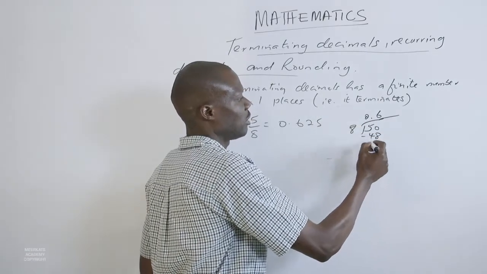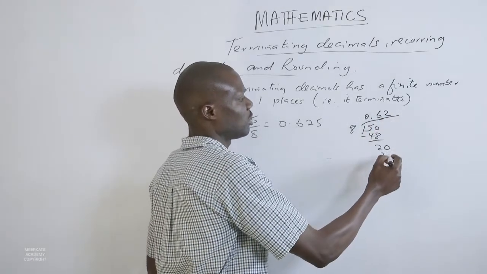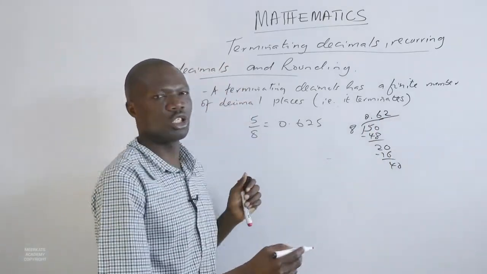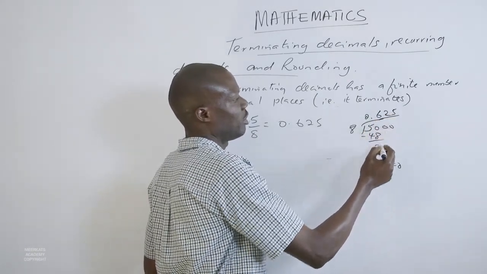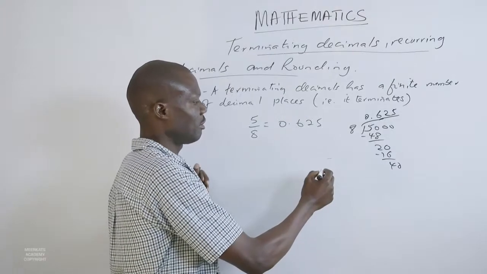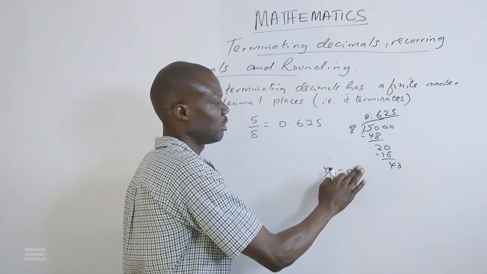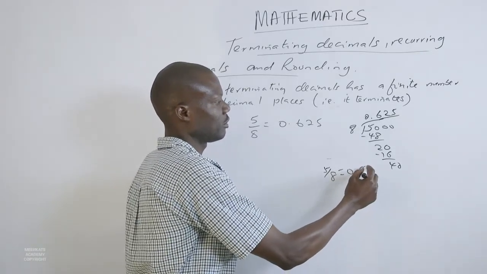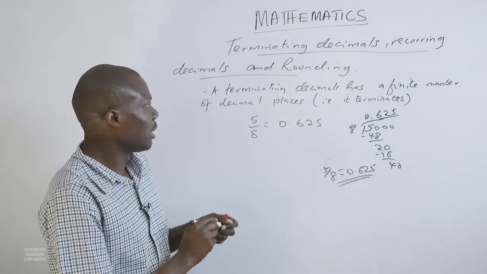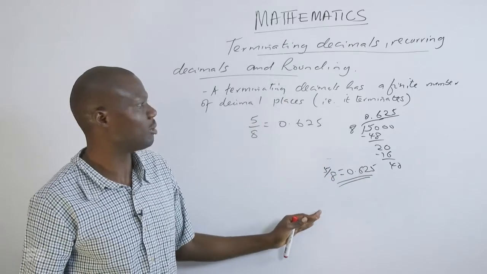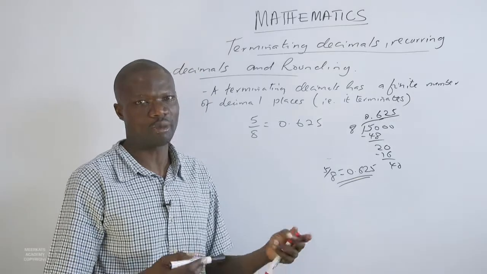That is 48. Remainder 2. 20 into 8 goes 2, which is 16. Remainder 4. 40 into 8 gives us 5. So you find that 5 over 8 is equal to 0.625. This is a terminating decimal. It has got an exact number of decimal places, that is 3. It terminates.